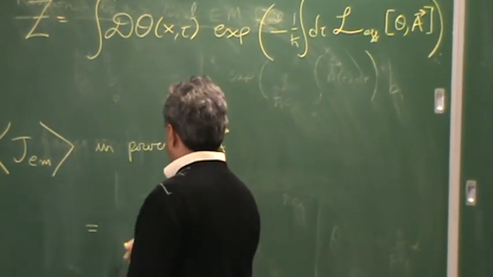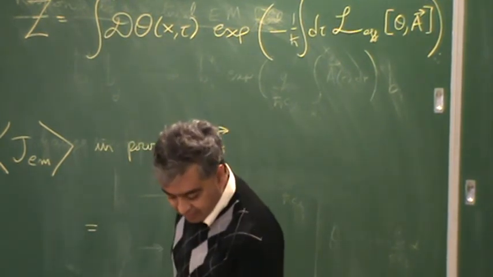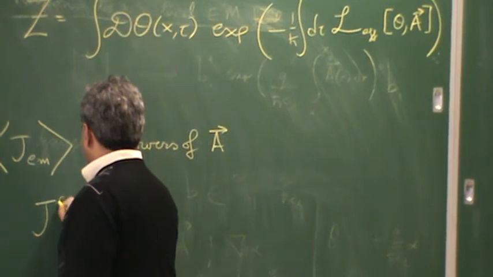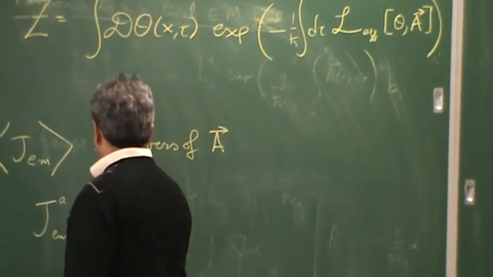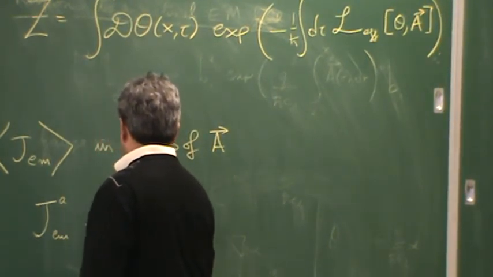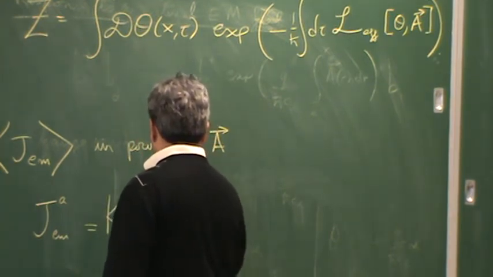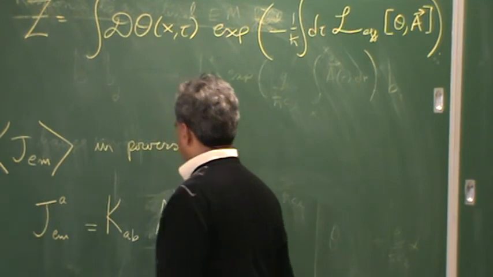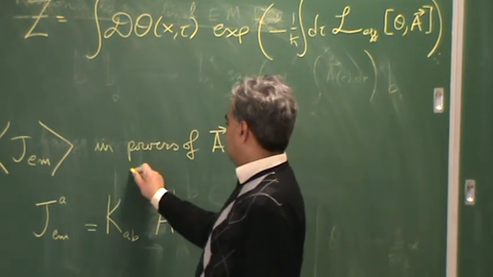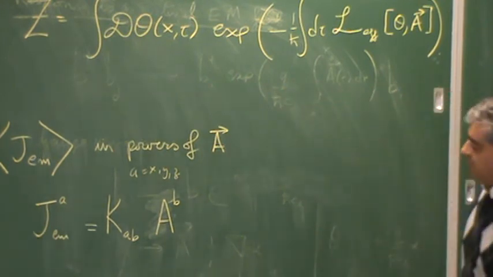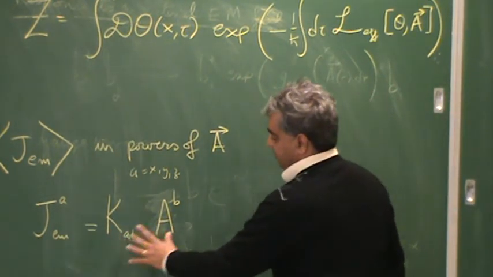We're just going to the linear response. Let me write it out. J is a vector, so it has a component a. It's written as K_ab, then A_b. Okay, so this a and b are just x, y, z here. These are vector components. So this is a linear response.